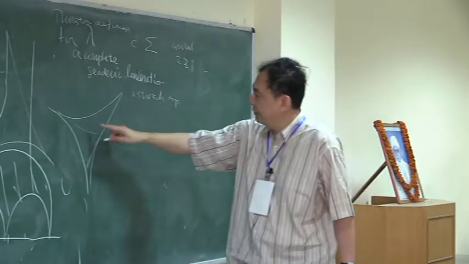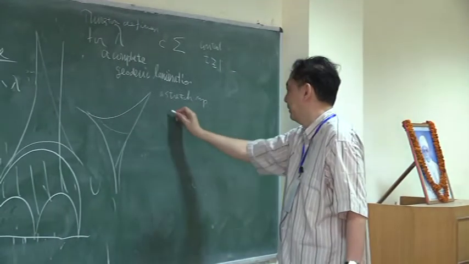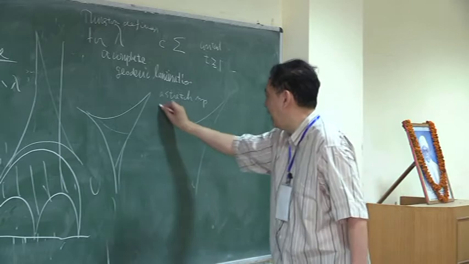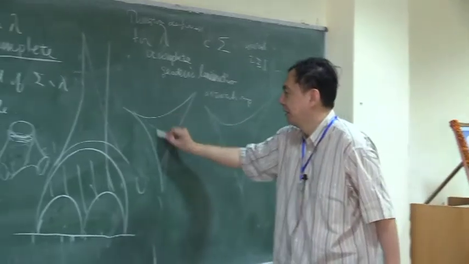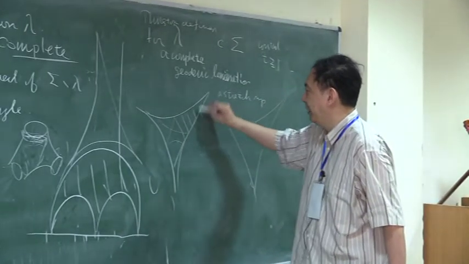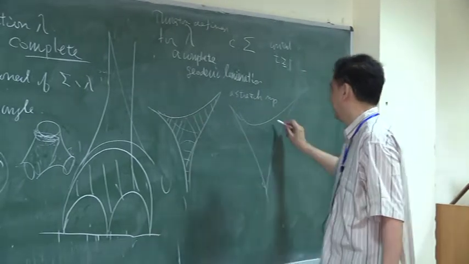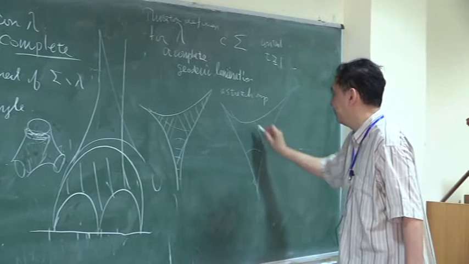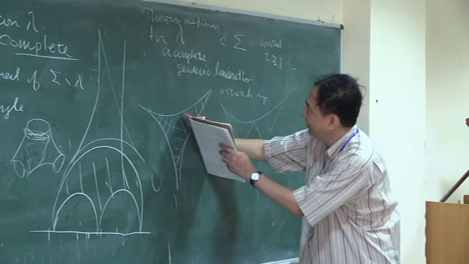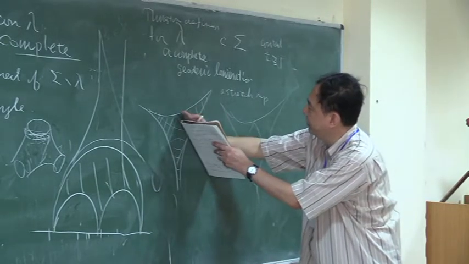You consider the map on an ideal triangle level. You have such a picture on ideal triangles, the same picture here, and you just change the parameter here. So you stretch it.